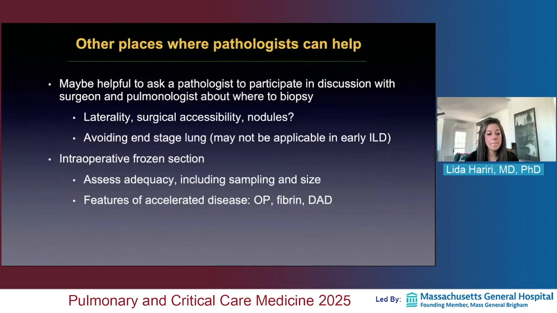Okay. A couple of other things I'll mention here: we've talked a little bit about the pathologist working together with the surgeon and pulmonologist about where to biopsy. It's important to address things like laterality and surgical accessibility. Also importantly, if there's a nodule that you want sampled at the same time, clearly communicate that.